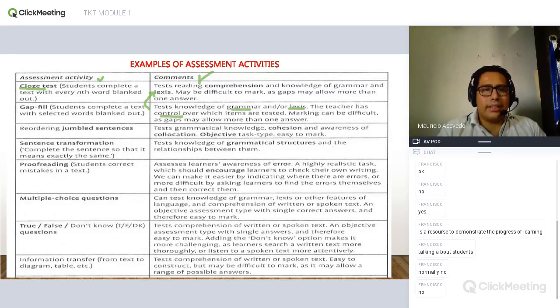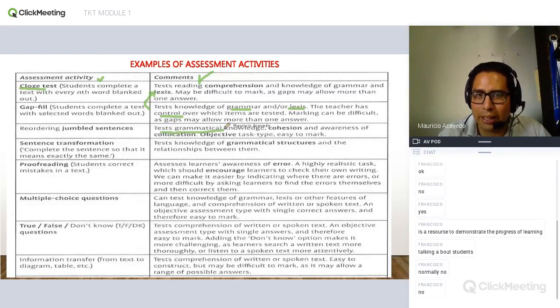Okay. The next one, reordering jumbled sentences. What is this? Test grammatical knowledge, cohesion, and awareness of collocation. Objective task type, easy to mark. Okay, what is a jumbled sentence? Well, basically, you have sentences and put them in the correct order, according to the situation. What can you evaluate in this case? You can test grammatical knowledge.